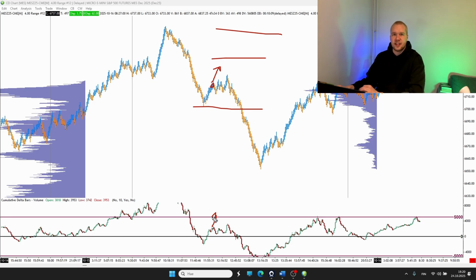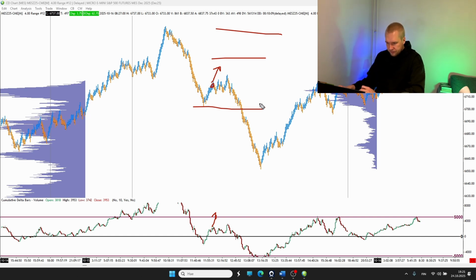And this is a huge red flag. This should immediately alarm you, okay? If you have entered the market and price doesn't go your way, you should be alarmed immediately. Now, sometimes it just goes sideways for a while and then it goes up. Sometimes it just about hits your stop loss and then it goes up, but you should still be quite alarmed.